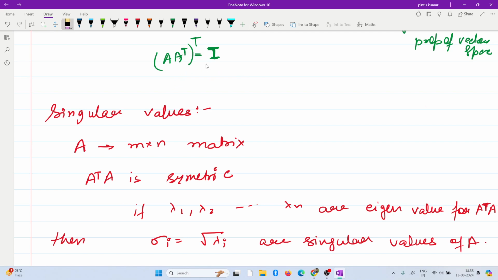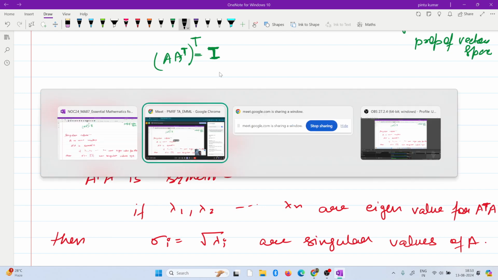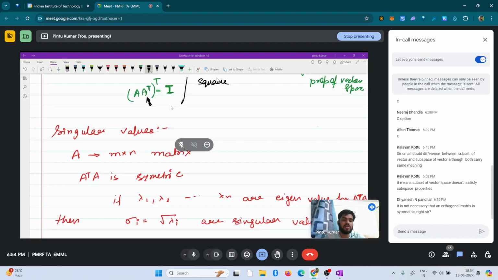Can I think of an example? One thing is that for a symmetric matrix, you should consider the matrix to be a square matrix first. But this property may also be true for a non-square matrix.